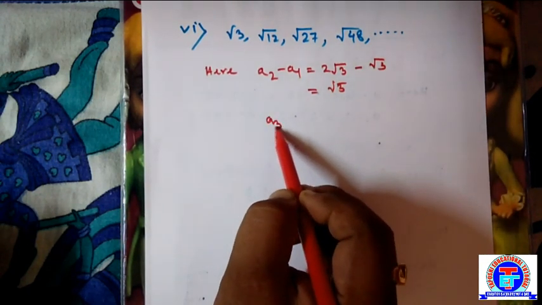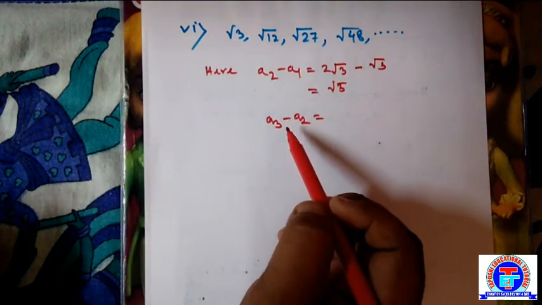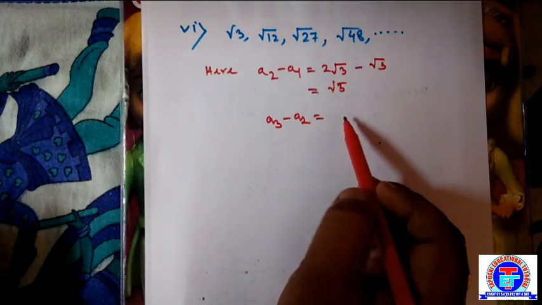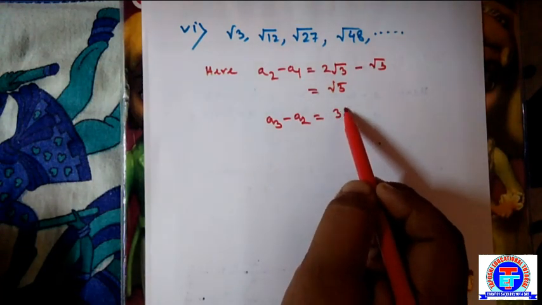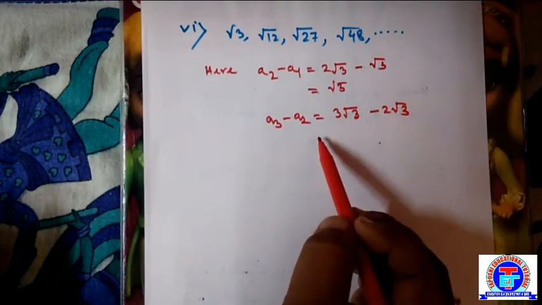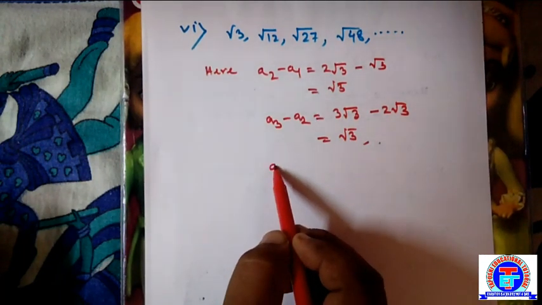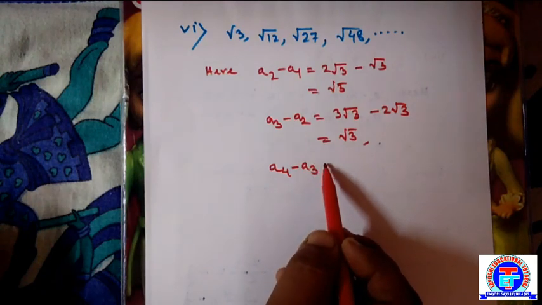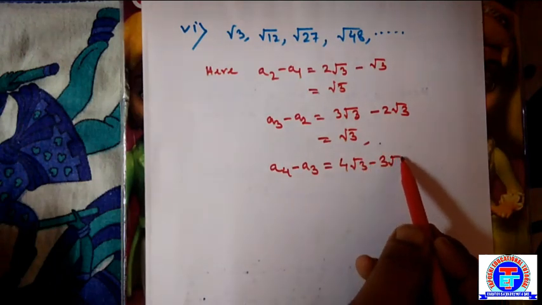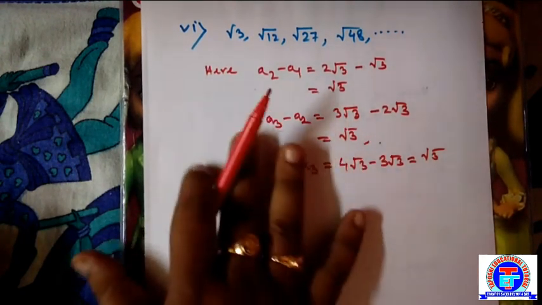Same way, A3 minus A2 is equal to 3 root 3 minus 2 root 3, which is equal to root 3. Right? A4 minus A3, we can write 4 root 3 minus 3 root 3, which is equal to root 3. Right?